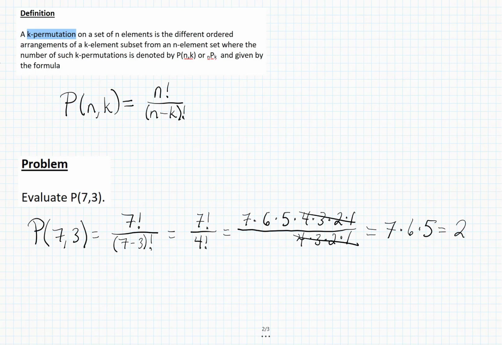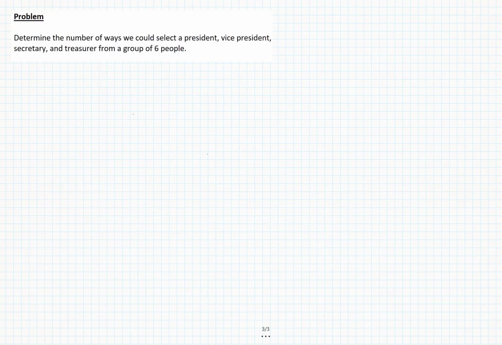Okay, so let's try and put this to work in a real life scenario. Determine the number of ways we could select a president, vice president, secretary, and treasurer from a group of 6 people. We have a couple different methods. We could use our old multiplication principle. Consider you have 4 blanks for the president, vice president, secretary, and treasurer.